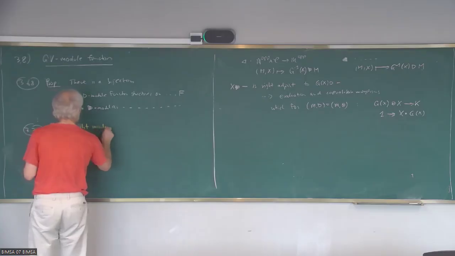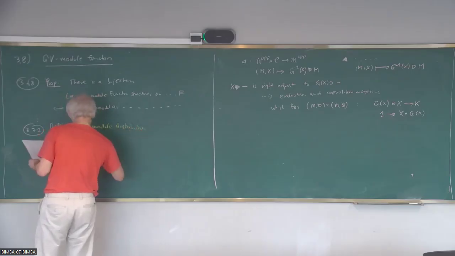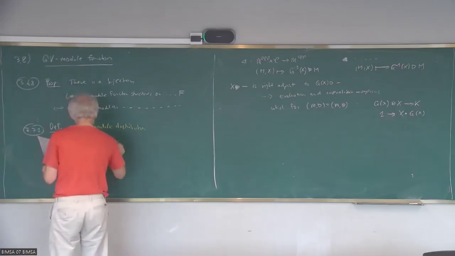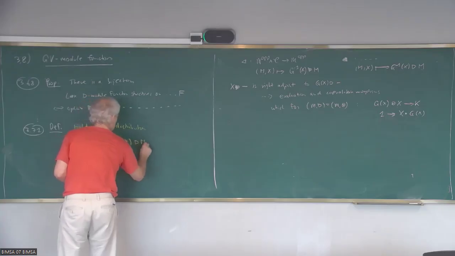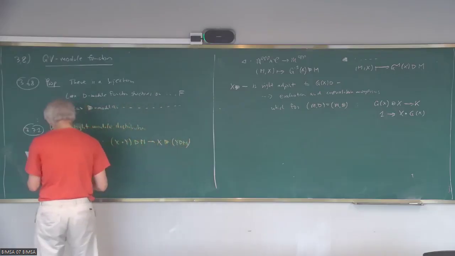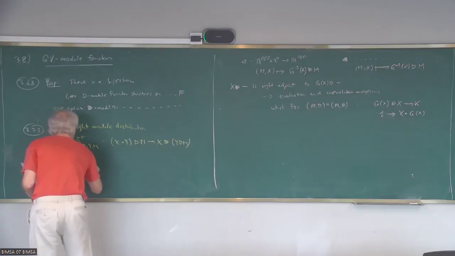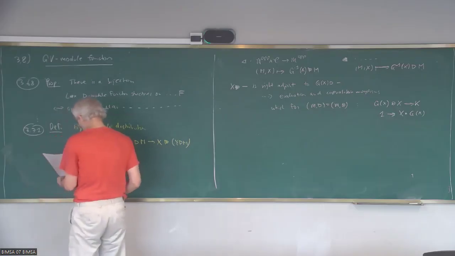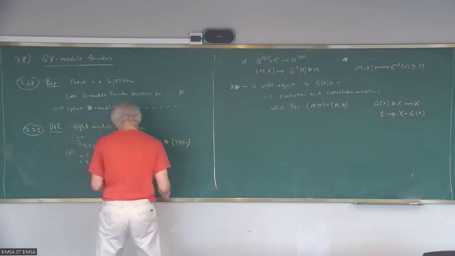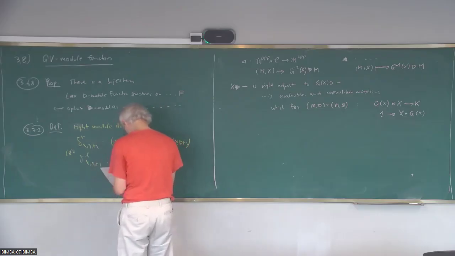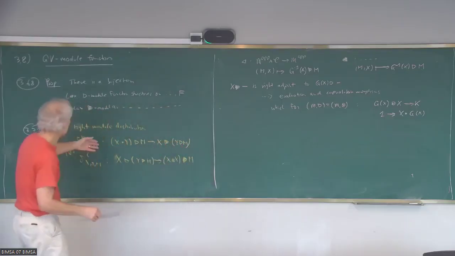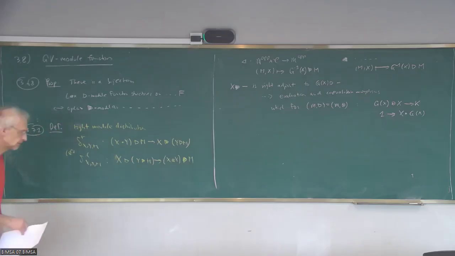There's a right module distributor, which I denote again by delta R. Now it has X, Y, and M as labels, and goes from X blob Y acting on M to X blob acting on Y acting on M, and a left one, delta L of X, Y, M, going from X acting on Y blob acting on M to X tensor Y acting on M. And in the case of the regular module category, it's just the distributors that we have seen.